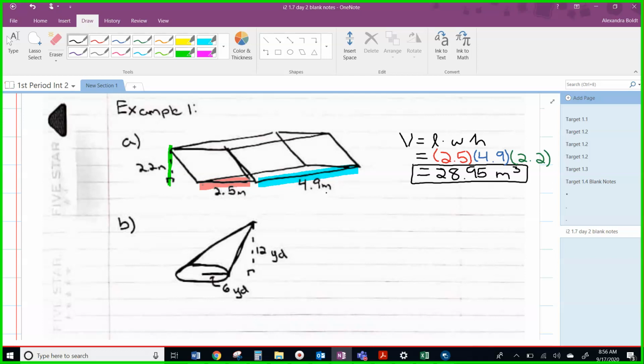Same thing here with example B. This is a cone. So for the volume of a cone, it comes to a point, so we always have the 1/3, and then it's a circle, so that's pi r squared. These are kind of tricks to help us remember which volume formula goes with which shape.